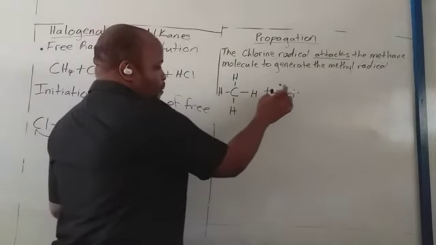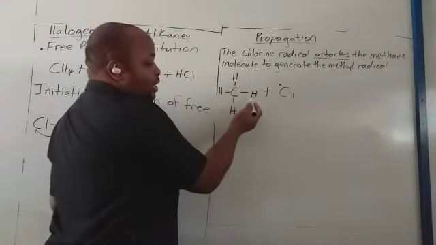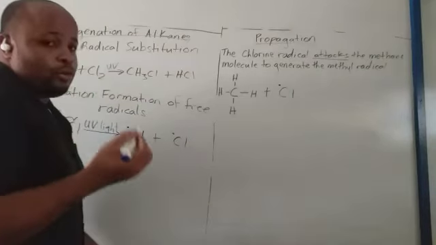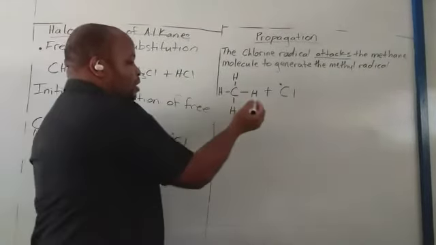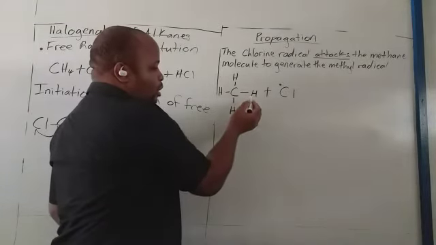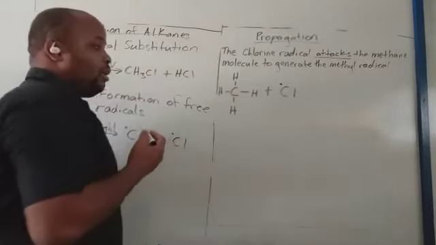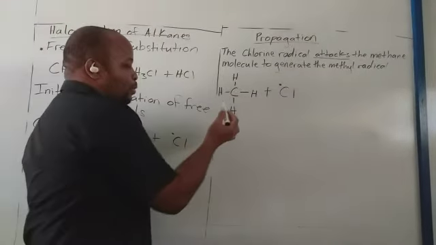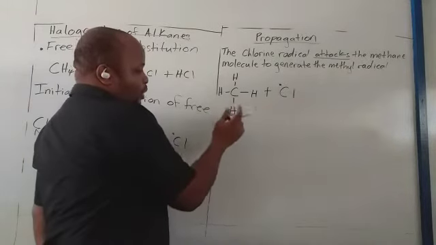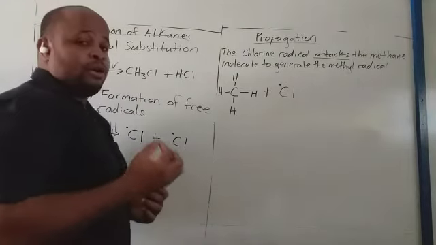In order to form a bond with this hydrogen, the bond between the hydrogen and the carbon will be broken. So how will the bond between carbon and hydrogen be broken? Because when this bond is going to be broken, you need to know if you have to draw a curved arrow or a fishhook.